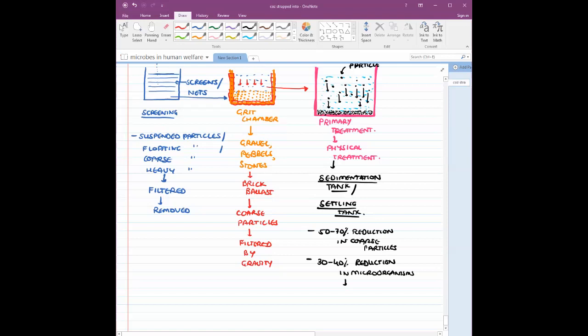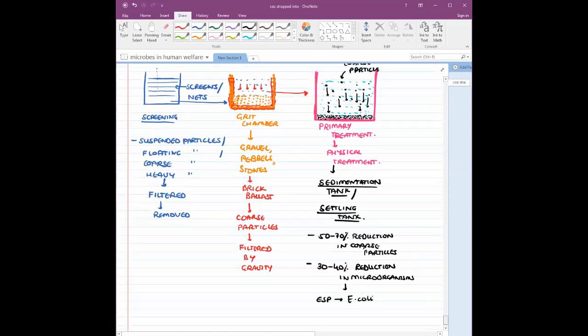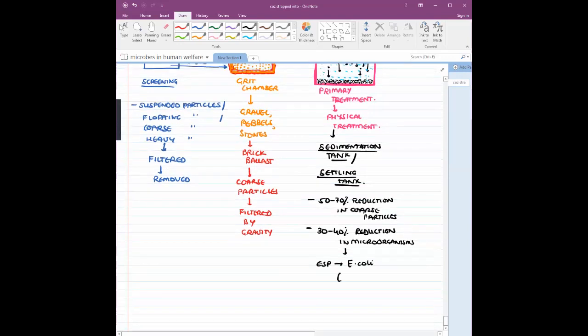Guys, especially in your intestines, we are going to encounter E. coli, Escherichia coli. Or if you want, you can just write these as coliforms, meaning those that come from your colon. So we call them coliforms.